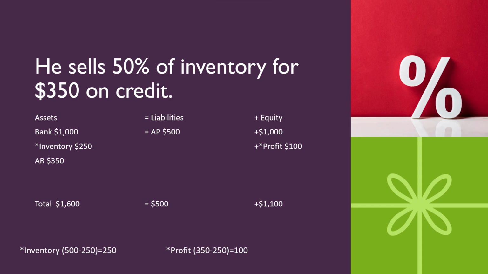If you notice, on the left-hand side of the accounting equation, 50% of inventory asset is converted into another asset, that is accounts receivable. On the right-hand side of the equation, a profit of $100 is added to equity, that is the difference between sales price of $350 of inventory and cost of sales of $250.